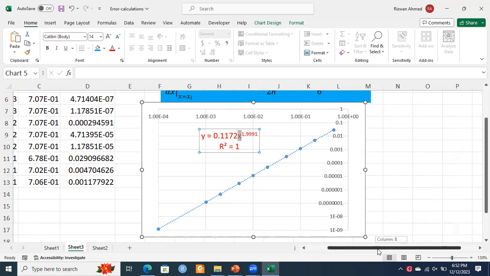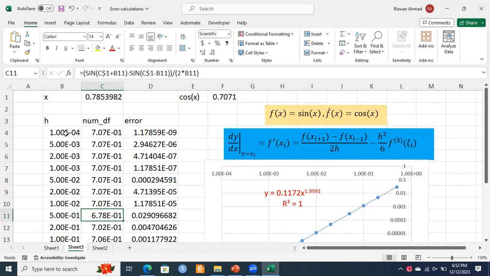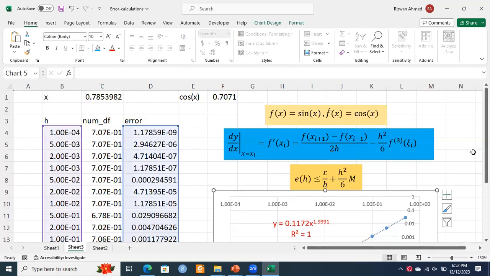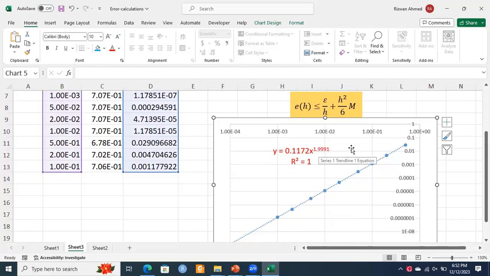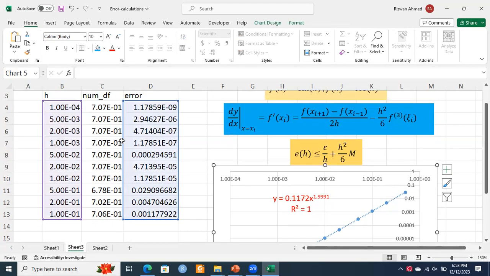Now to see the effect of round off errors, let me select a very small step size, and my objective is to show that this relationship is going to be disturbed, this exponent is going to be disturbed as I choose a very small step size.